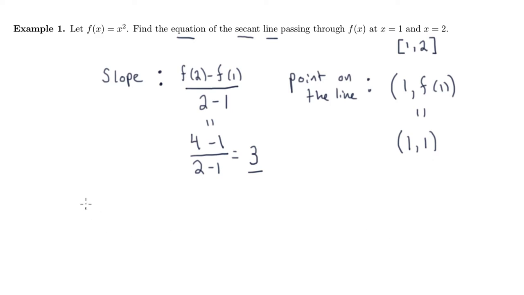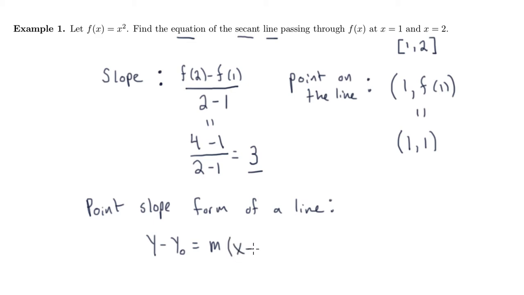Okay, so what does point-slope say, just to remind you? Well, it says y minus y0, where y0 is the y-coordinate of the point I know on the line, is equal to the slope times x minus x0, where x0 is the x-coordinate of the point I know on the line.